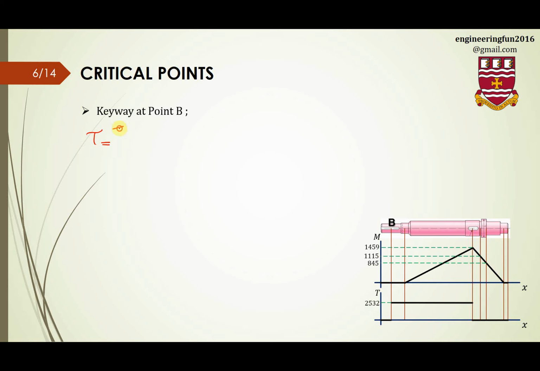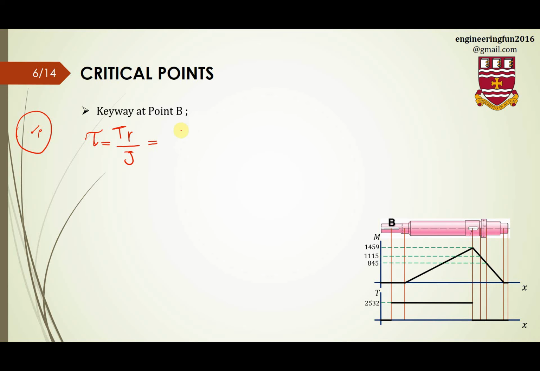Shear stress is T times rho over the second polar inertia. And because we are talking about the maximum shear stress, it happens when this fraction is maximum, and this fraction is maximum when rho is maximum. This is rho, the distance from the center. Rho is maximum when it equals r, which is the radius.